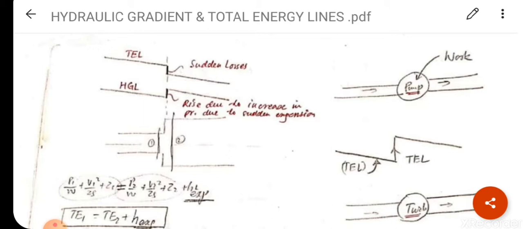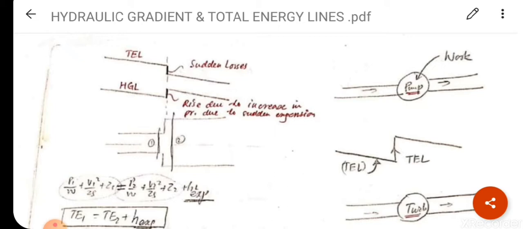So due to sudden loss of kinetic head, total energy line will go in downward direction. I have shown here sudden loss. Clear? Now there is no other loss in larger diameter pipe, so it will move constantly. Clear?